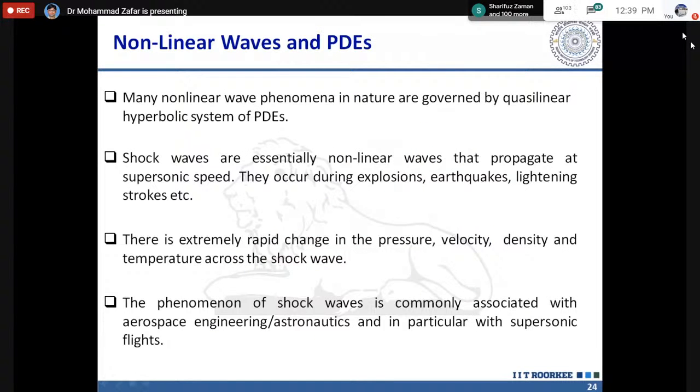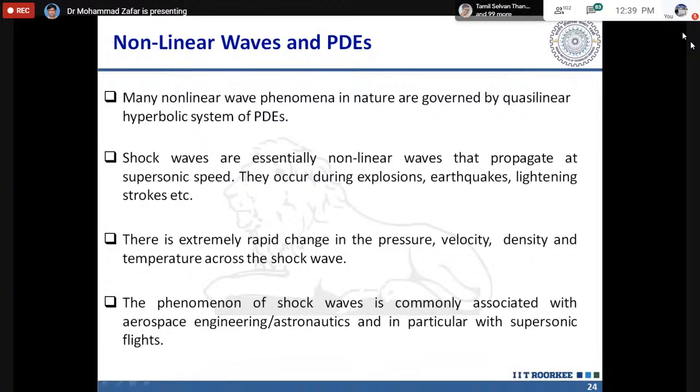Now we have seen the shock. What is the shock curve? We will see its properties, what shocks are and what they are doing here, and what the applications are. Many nonlinear wave phenomena in nature are governed by quasilinear hyperbolic systems of PDEs. And shock curves are essentially nonlinear waves that propagate at supersonic speed.